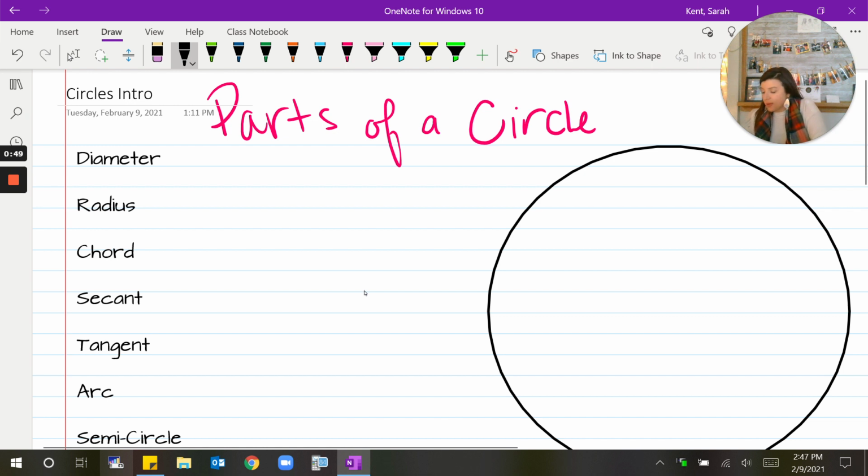So our diameter, this is a segment that goes edge to edge through the center.